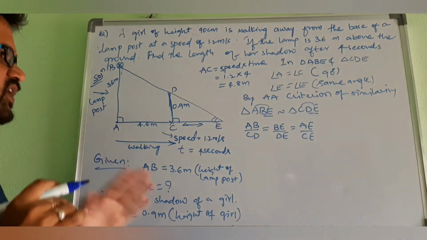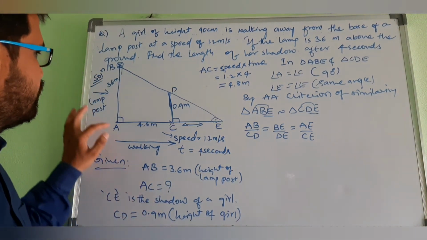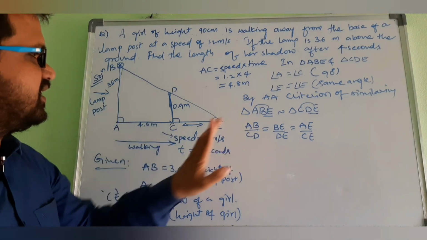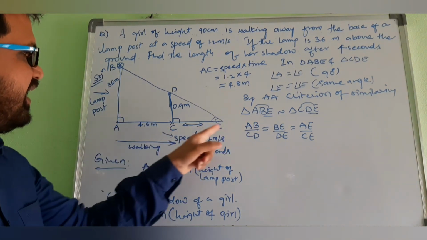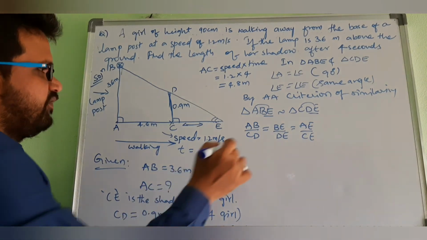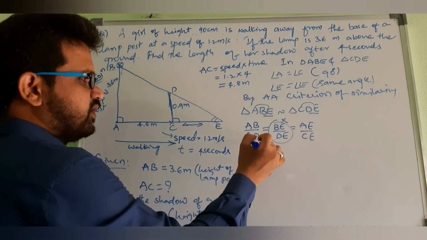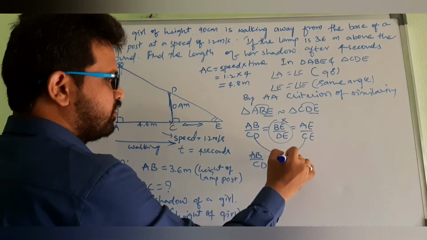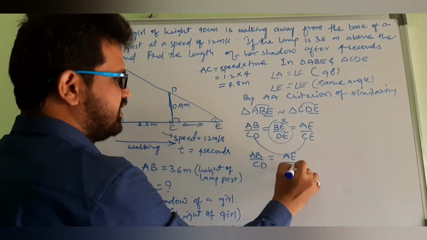Here, which ratio do we have to consider? We know AB, we know CD, and we have AE and CE. We don't know BE and DE, so we don't take those. Equate these two: AB by CD is equal to AE by CE.